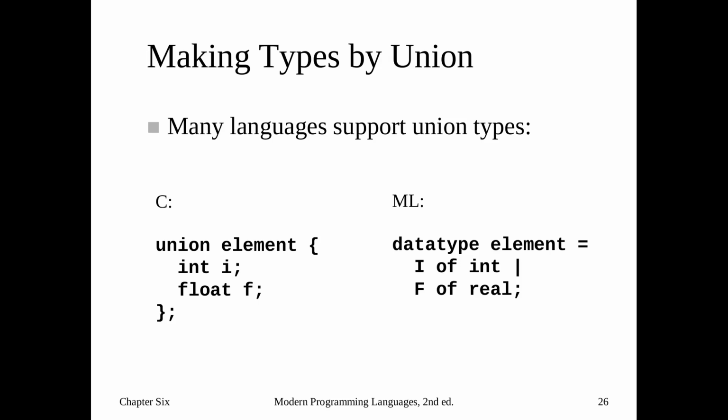right? And the interesting thing about unions in C is that a union can only be one of the possible internal types, right? So if we say union element, it can be either the integer i or the float f, but it cannot be both. That also means that the amount of space it takes up in memory is the largest of any one element, right? So it's the largest space requirement for any one element within the union.